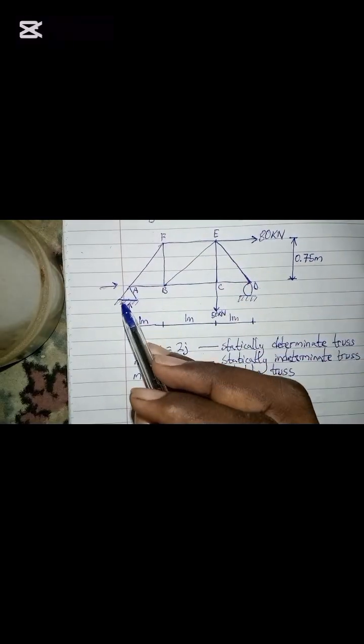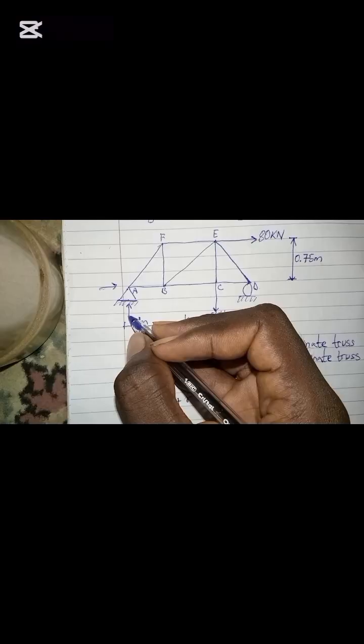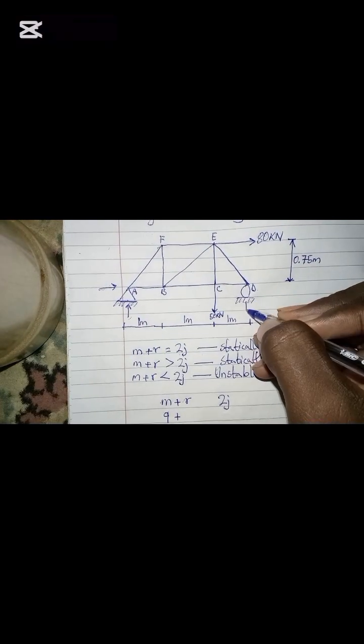The pin support has 2 reactions, 1, 2, and the roller support has only 1 reaction. So the number of reactions will be 1, 2, 3.